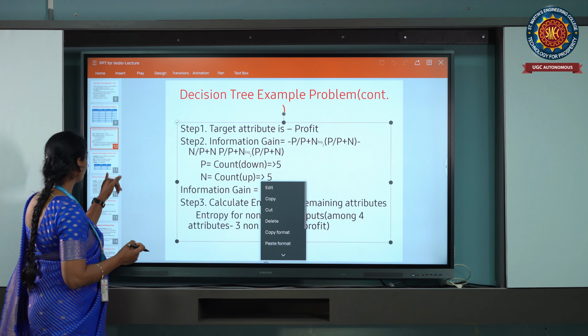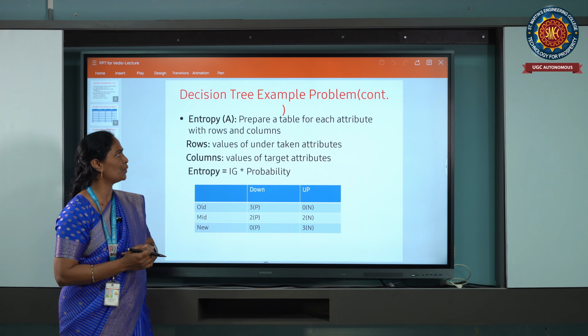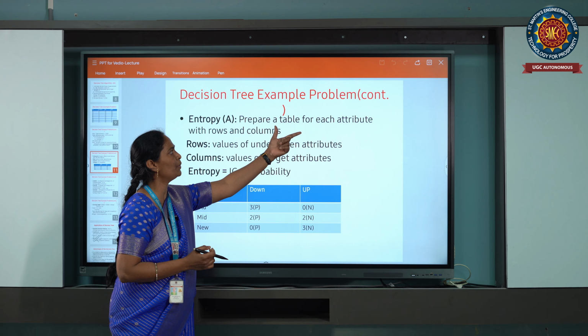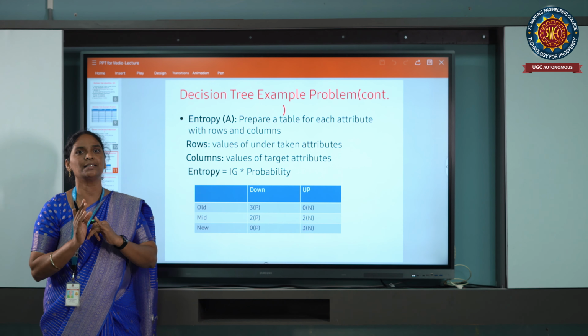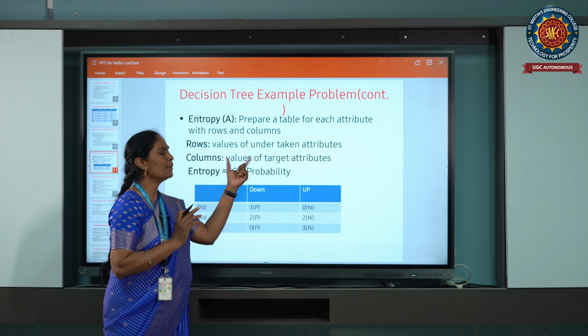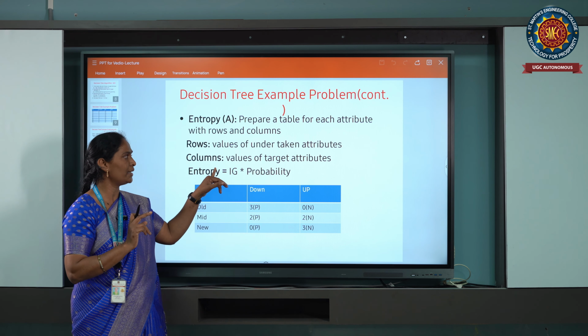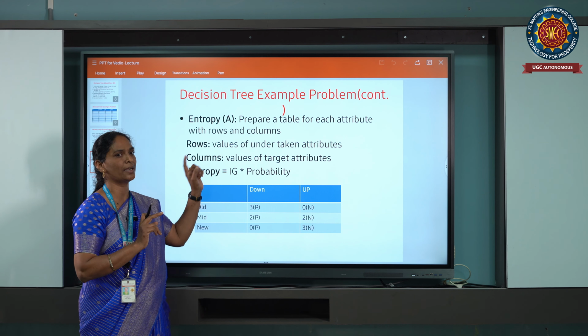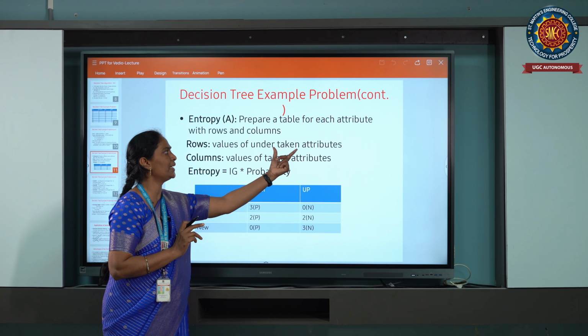Then next one, entropy. To calculate the entropy, we have to make a table for each attribute with rows and columns. That table contains the rows and columns. In the rows, the values are under the attribute.